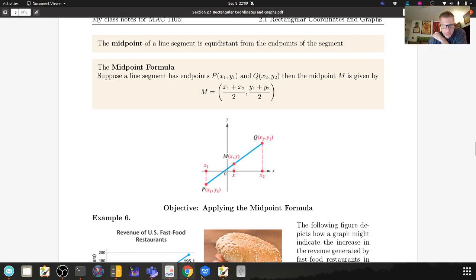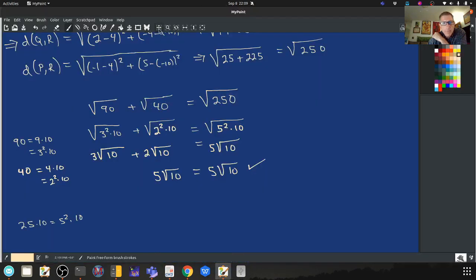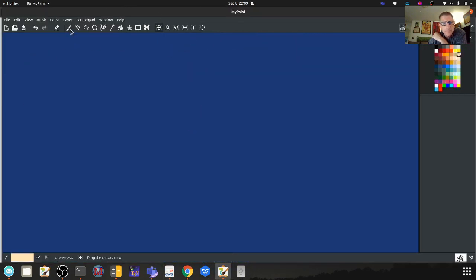So here let's look at another concept that's going to be important. Here's a line segment, and again I'm going to put 2 points on it. One point here, which I will call P, and it will have x1 and y1.